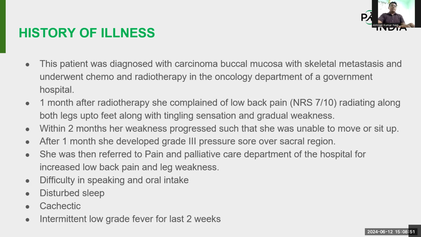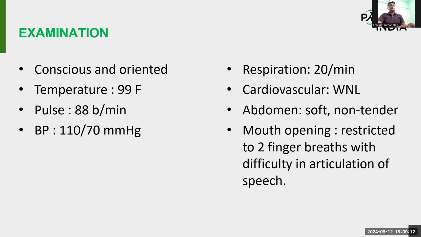After 1 month, she developed grade 3 pressure sore over sacral region. She was then referred to pain and palliative care department of the hospital for increased lower back pain and leg weakness. She had difficulty in speaking and oral intake. Her sleep was disturbed. She was cachectic and had intermittent low-grade fever for last 2 weeks.